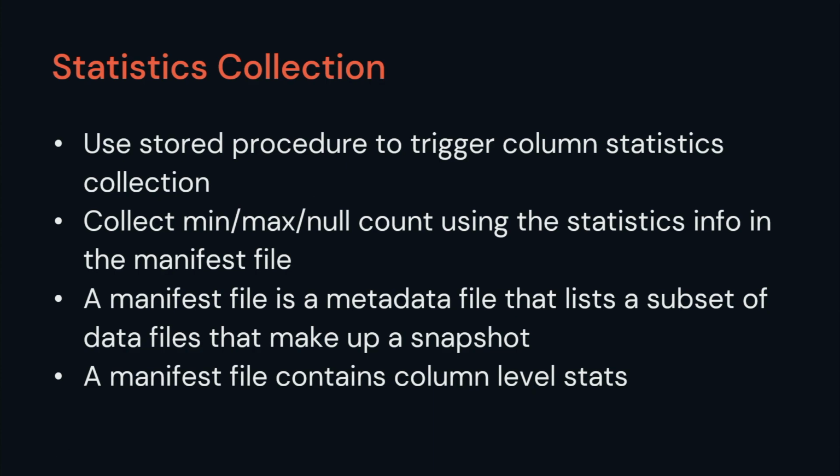Because in Spark, in V2 data source, there is a feature called aggregate pushdown. We can push down the aggregate function to the data source layer. So we push down the min, max, and the count to the Iceberg side, and we get the information from there.